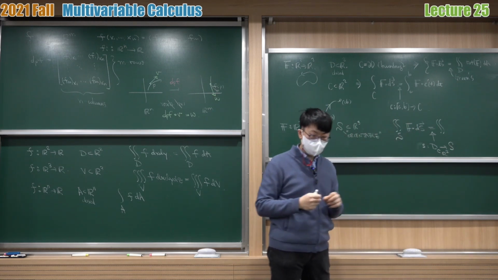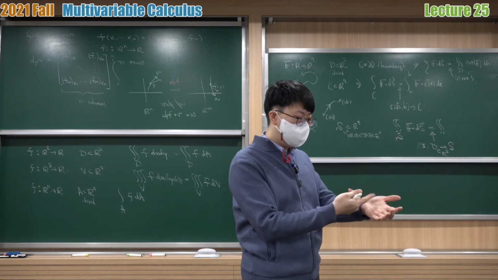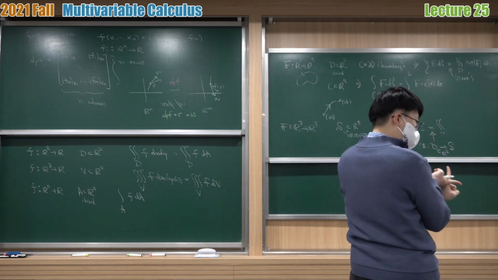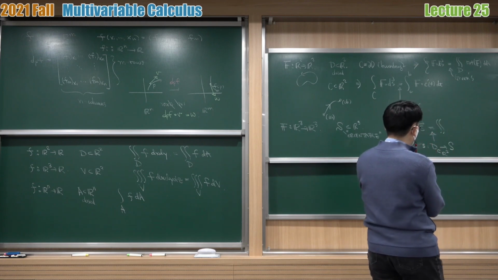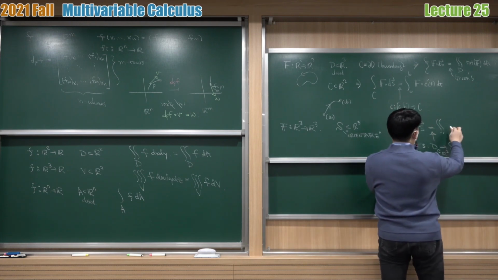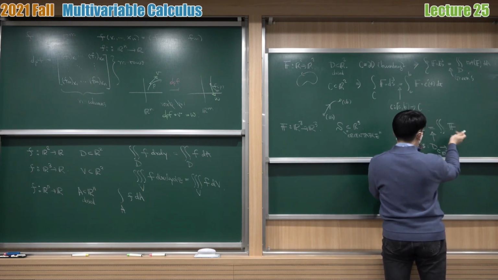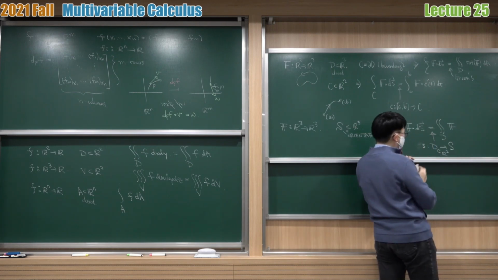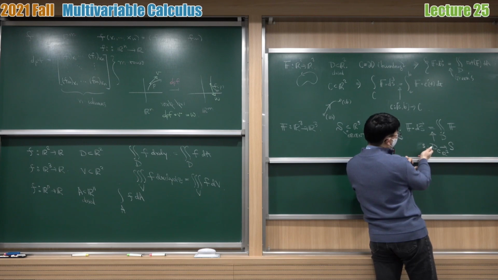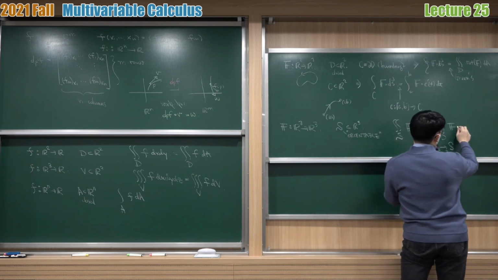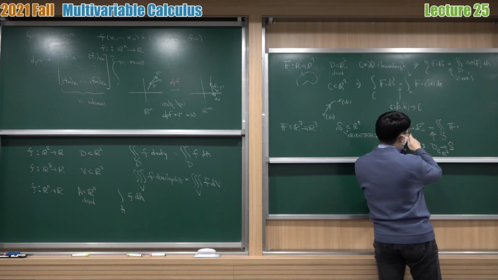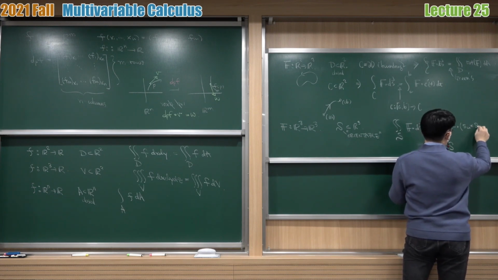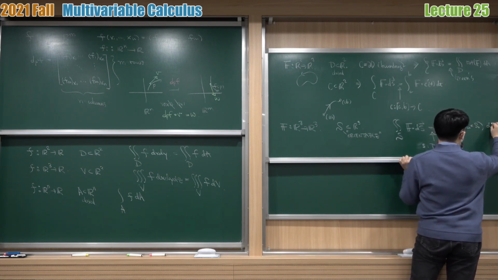Basically, the surface in three-dimensional space is parameterized by two parameters, so this D is the space where the two parameters lie. To find the flux, we take the double integral over the domain of parameterization, and I take the inner product with F and s_u cross s_v dA.